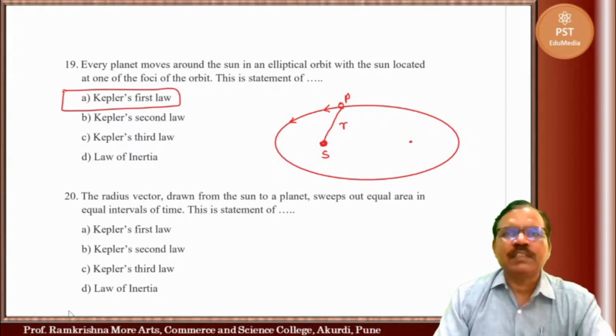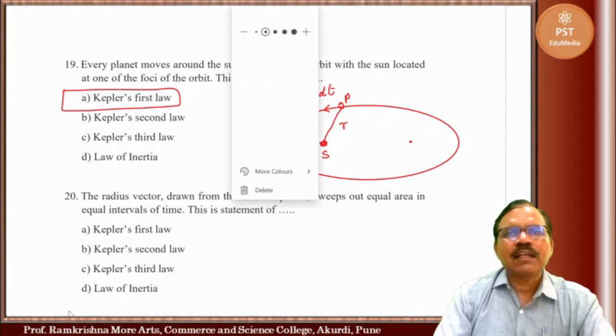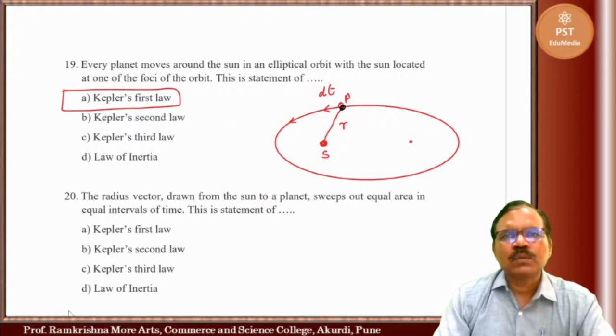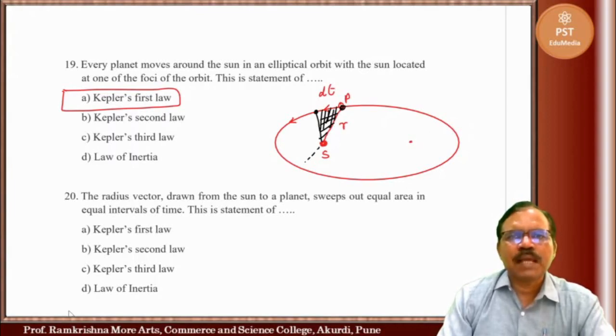Now what is the meaning of this? Suppose in time dt, the planet moves from this place to this place. So this is the area swept. Suppose the planet is here and in the same time dt, if the planet goes here, this is the area swept.